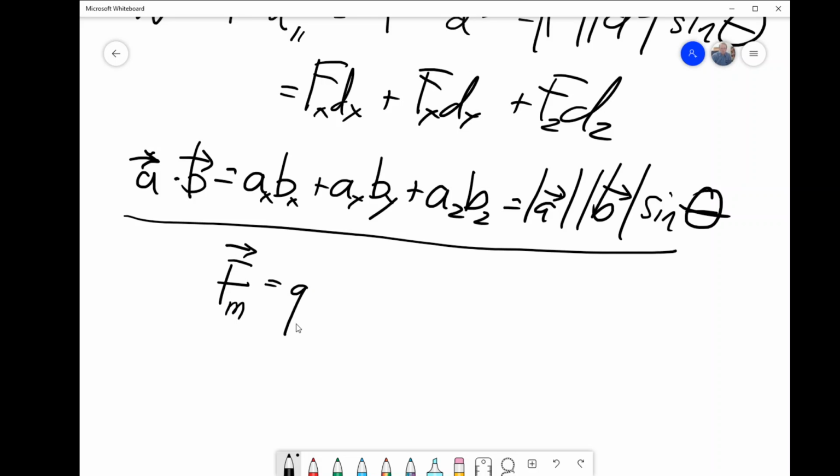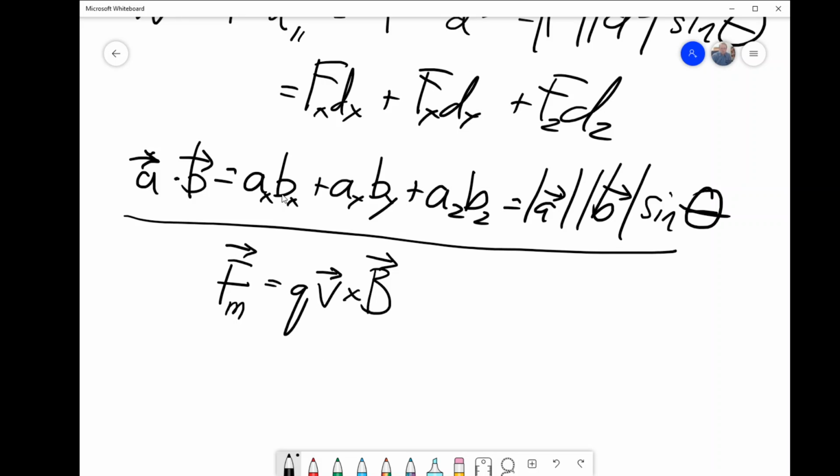The magnetic force acting on a charged particle moving through a magnetic field is the charge times the velocity cross product with the magnetic field. So this will produce the force as a vector that is at right angles, or perpendicular, to both the velocity and the magnetic field.